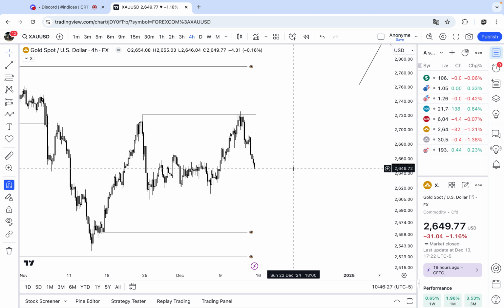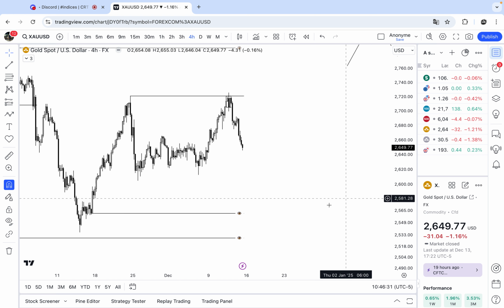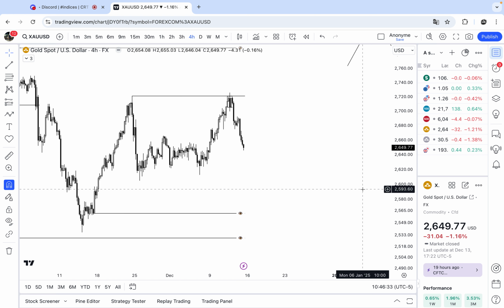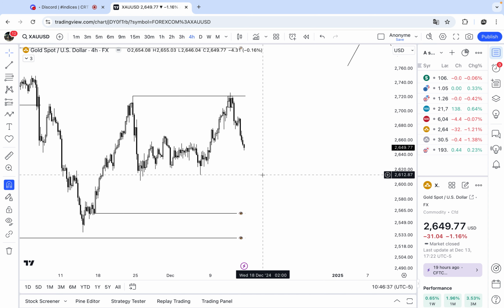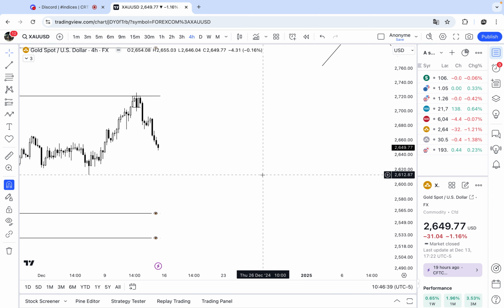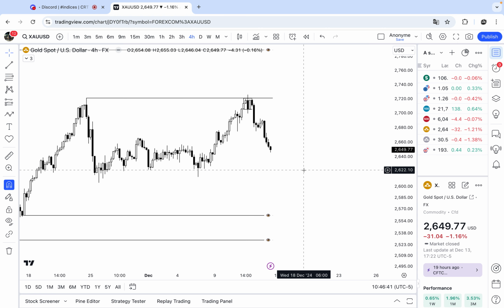And now, step 3 is I'm planning what price will most likely do. In this case, we got our drawn liquidities right here.